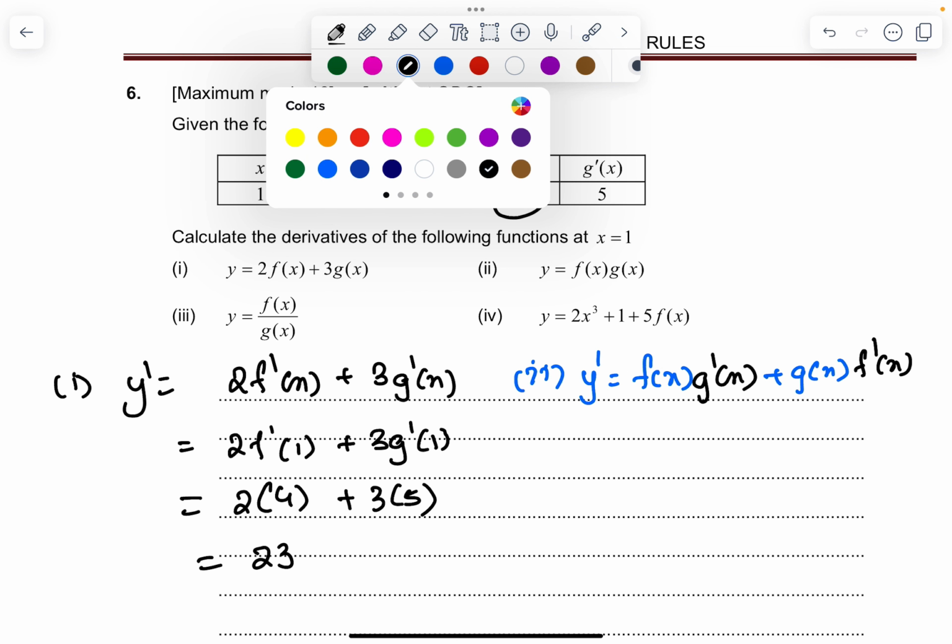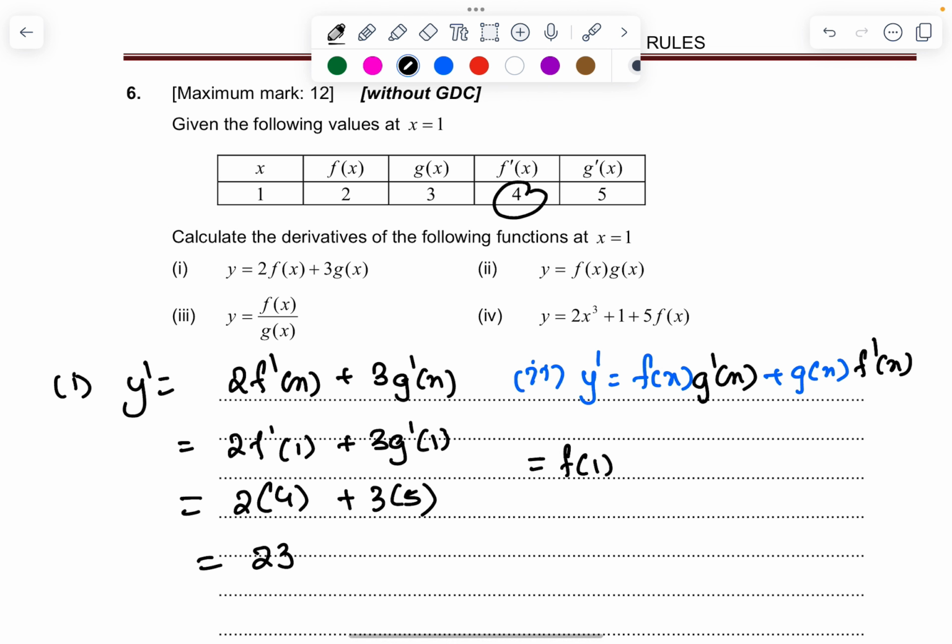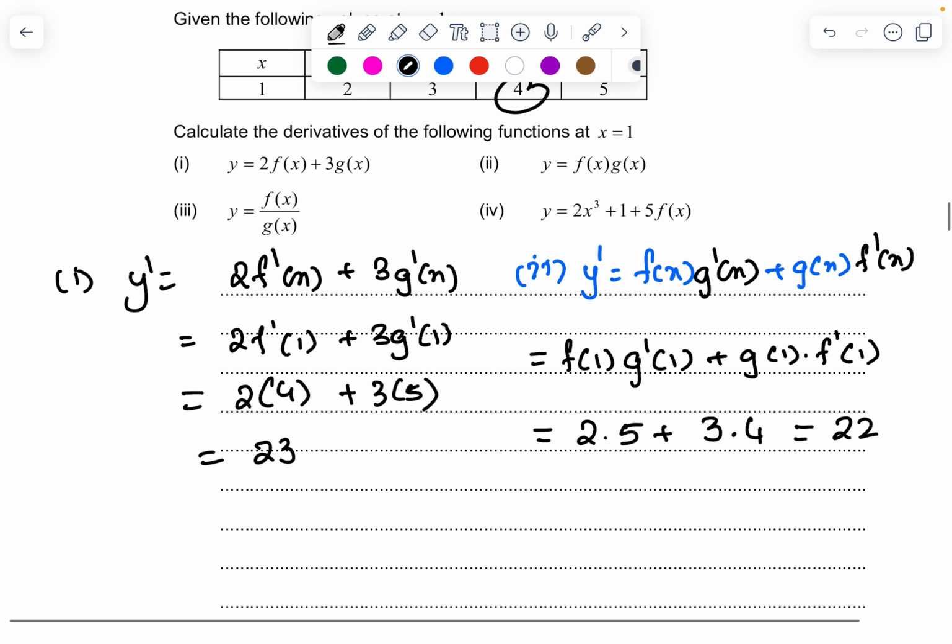So it becomes f of 1 times g prime of 1 plus g of 1 times f prime of 1. So f of 1 is 2, g prime of 1 is 5, g of 1 is 3, f prime of 1 is 4. So which is 10 plus 12, 22 is going to be the answer.